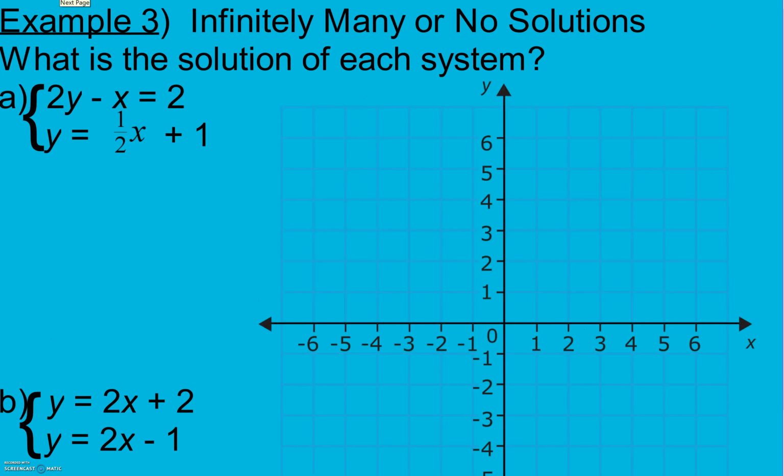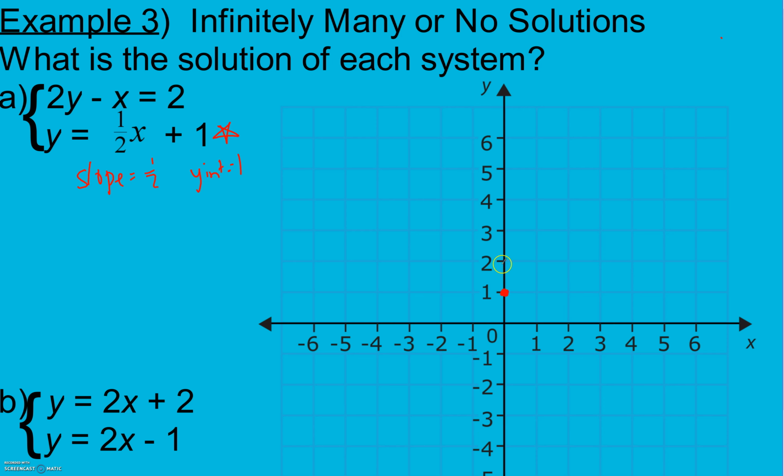So in example 3 here, what is the solution of each system? Our first step is to graph each line still. I'm going to do this one first because it's in slope-intercept form. Slope 1/2, y-intercept 1. So at 1, I have my intercept. Remember, that's our y-intercept.